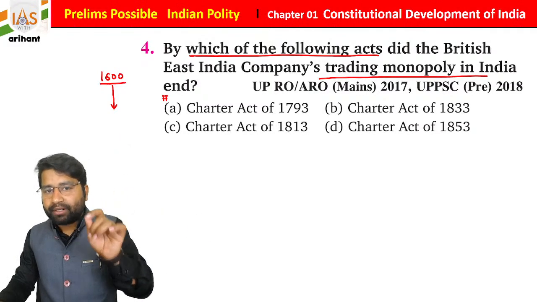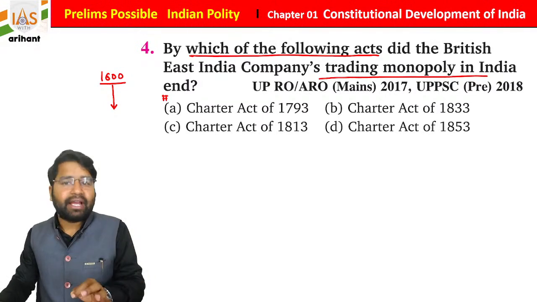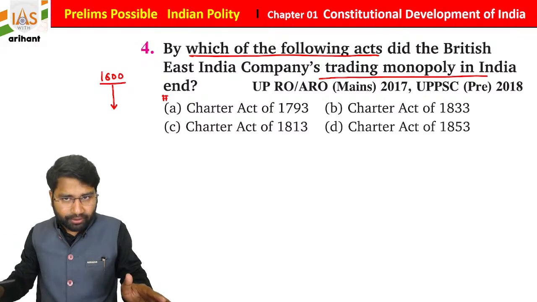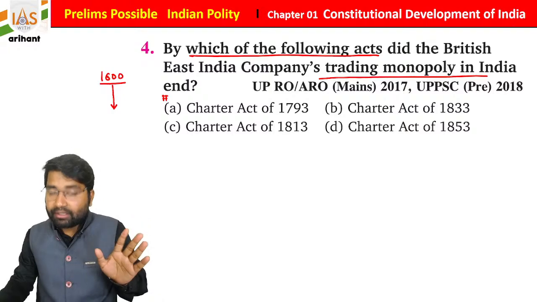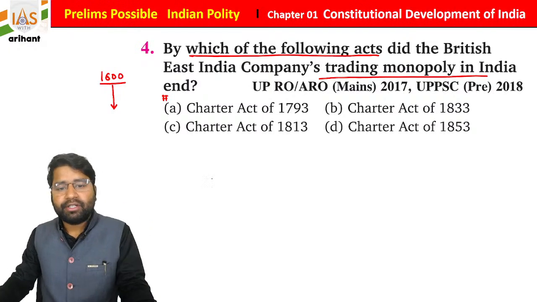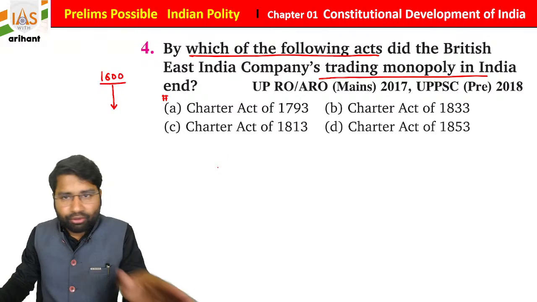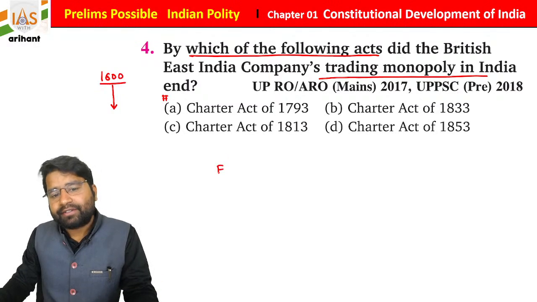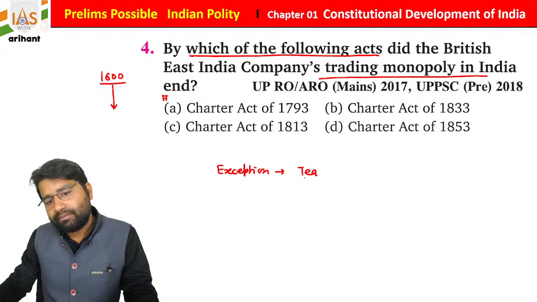No other British company was allowed to do trade in India, but by this act they are going to end this monopoly. Means now other companies can do trade in India from Britain, but there was some limitation. I already told you, after this act the monopoly was ended, but there is an exception. And what was the exception, students? This was tea and trade with China.